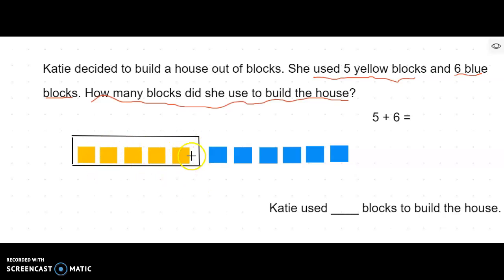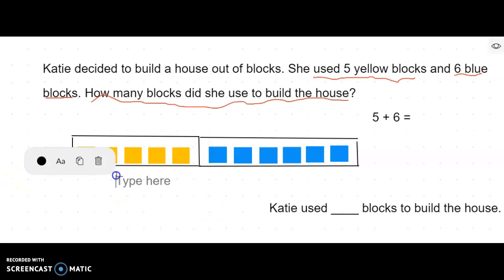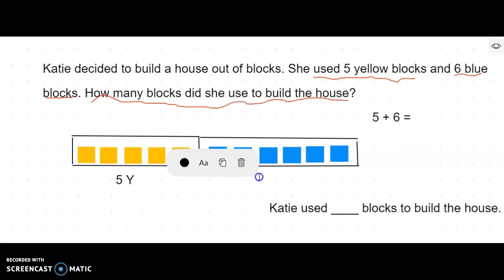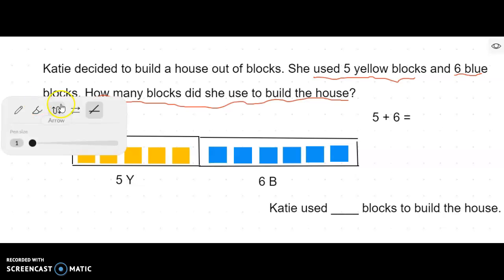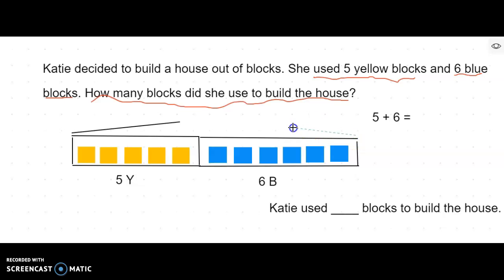So here are my 5 yellow blocks, and here are my 6 blue blocks. And I'm also going to label them so I don't confuse myself. I have my 5 yellow blocks and my 6 blue blocks. And what I need to know is how many blocks she used total.